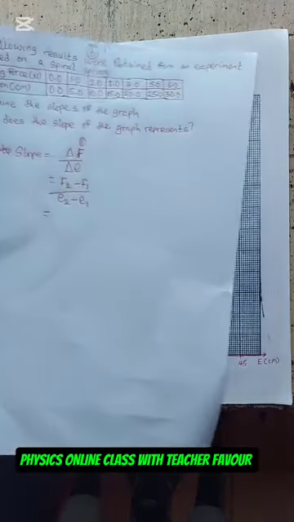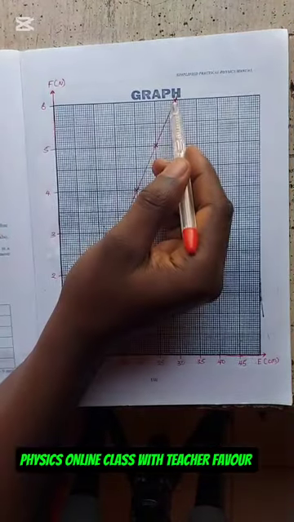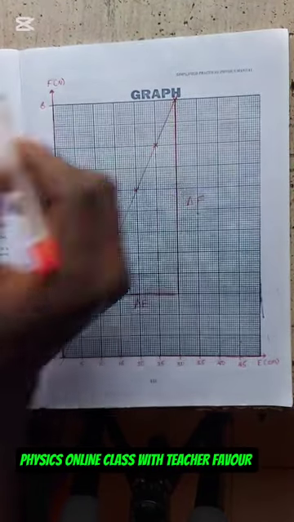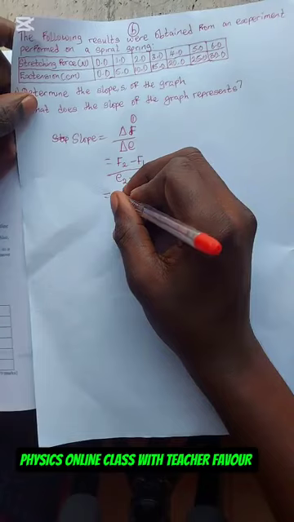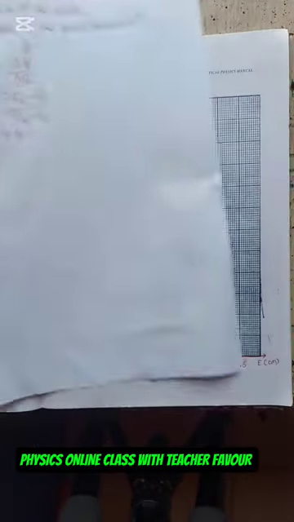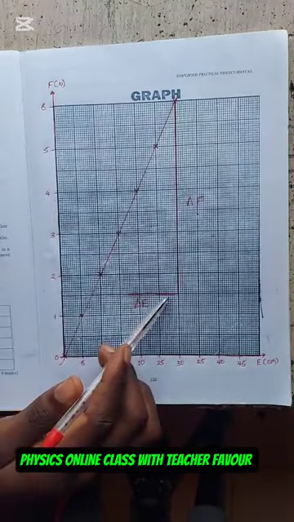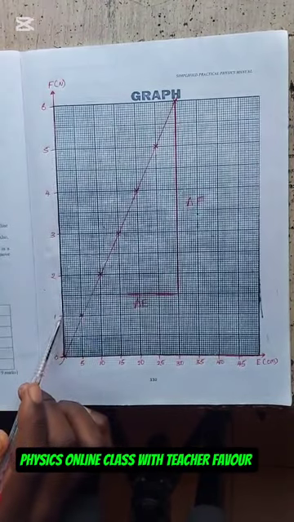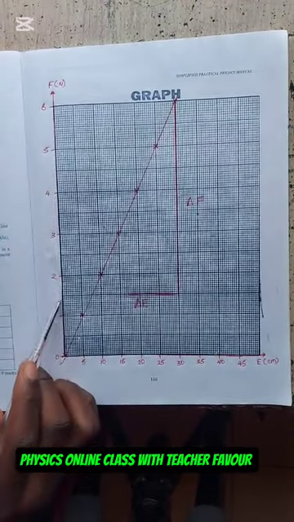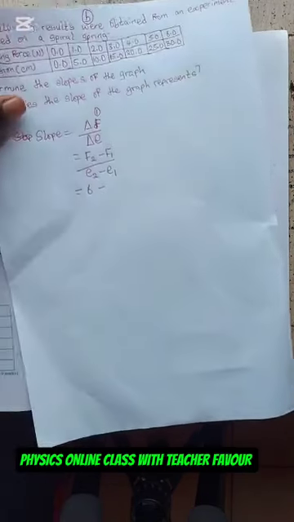Let's find the value of F2. F2 is this very point. So here is 6. So I'll write 6 minus, what is F1? Here is F1, here is 1, here is 2. So the midpoint is 1.5.